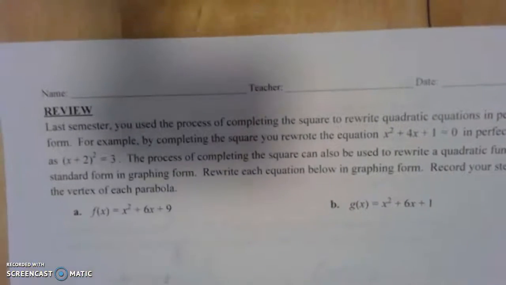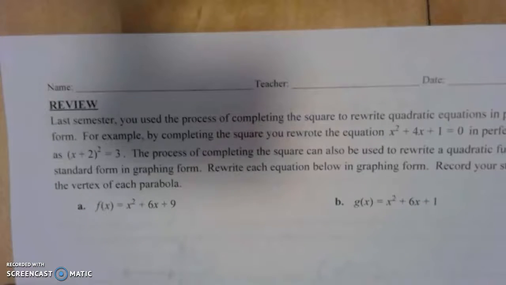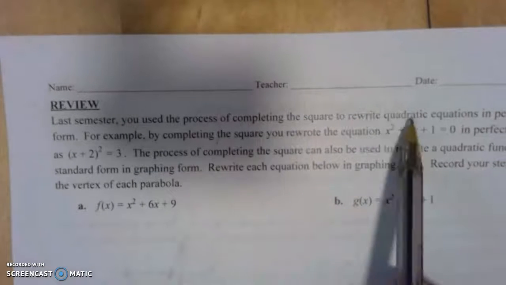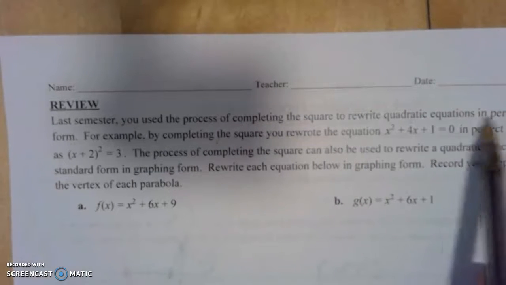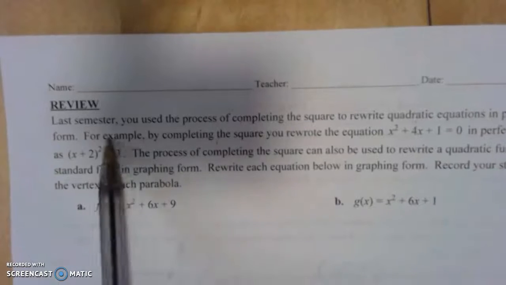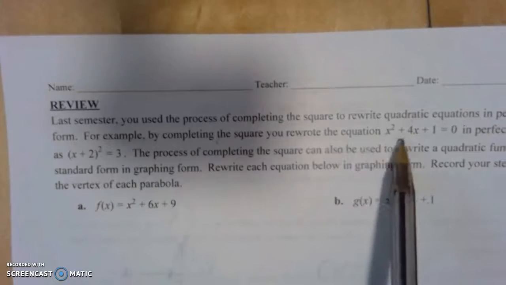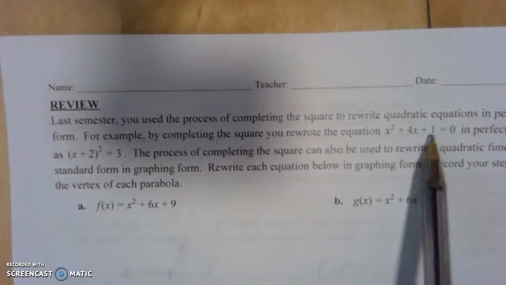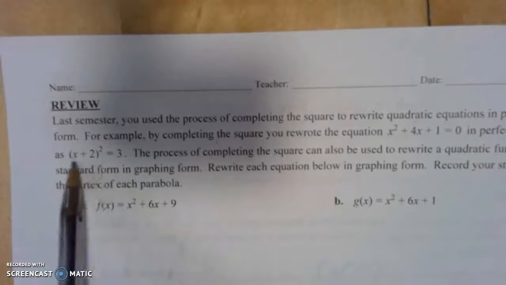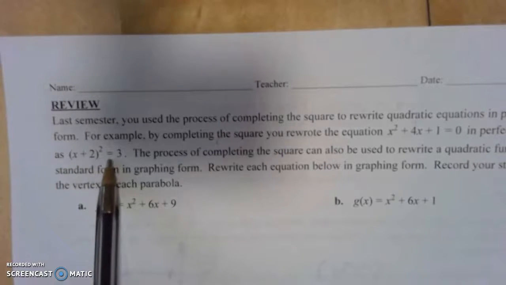Let's look at this last page, see what you're going to do. Okay. Last semester, you used a process of completing the square to rewrite the quadratic equations in perfect square form. For example, by completing the square, you rewrote x squared plus 4x plus 1 into the perfect square of (x plus 2) squared equals 3.